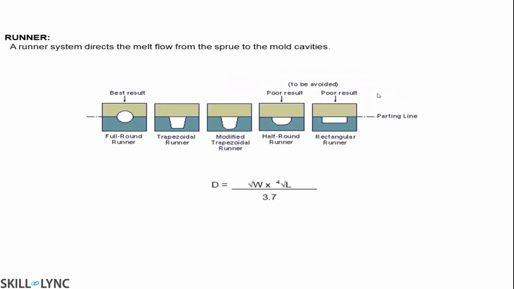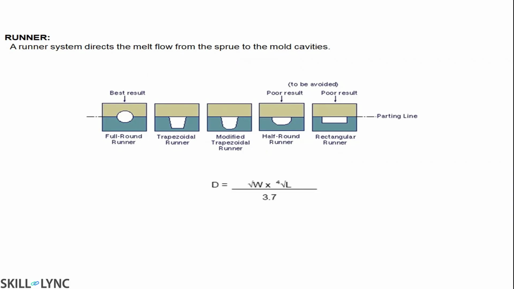And this is the runner. For calculating the runner, we need these calculations: how much length is required to fill the cavity, the length from the sprue to the impression of the cavity. And this is the weight, nothing but the weight of the component.